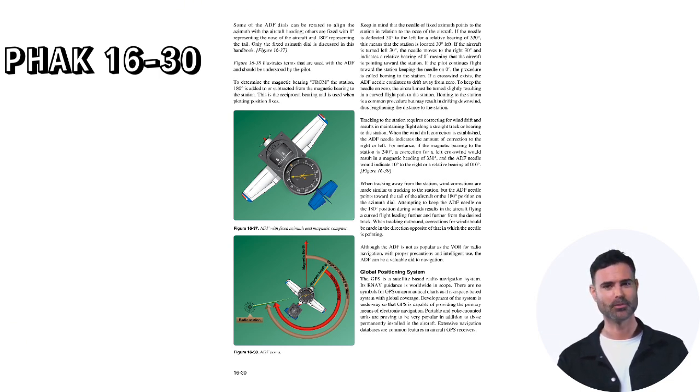If the needle is deflected 30 degrees to the left for a relative bearing of 330 degrees, this means that the station is located 30 degrees left. If the aircraft is turned left 30 degrees, the needle moves to the right 30 degrees, and indicates a relative bearing of 0 degrees, meaning that the aircraft is pointing toward the station.